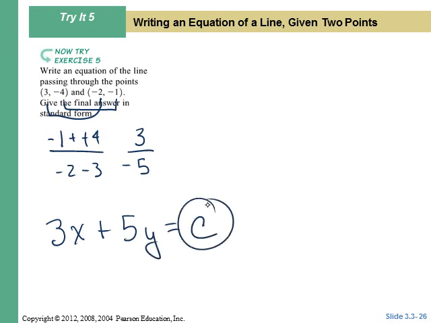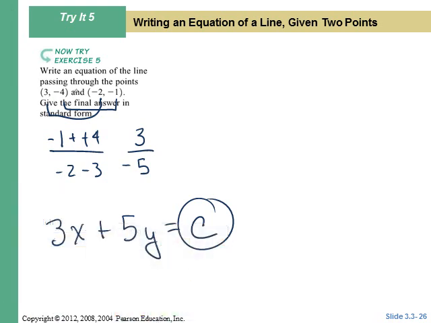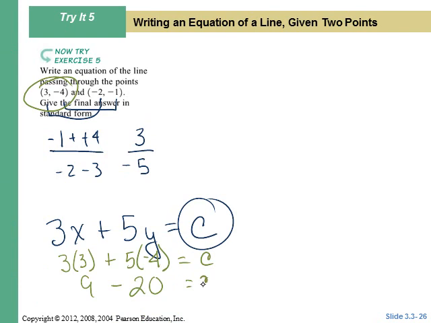We have to find out what this c is by substituting in one of these 2 points up here. Let's choose this point right here. 3 times 3 plus 5 times negative 4 is c. 9 minus 20 is c. So c is negative 11. 3x plus 5y equals negative 11.